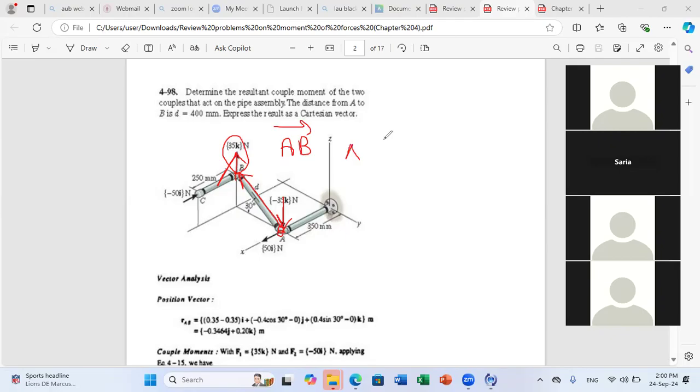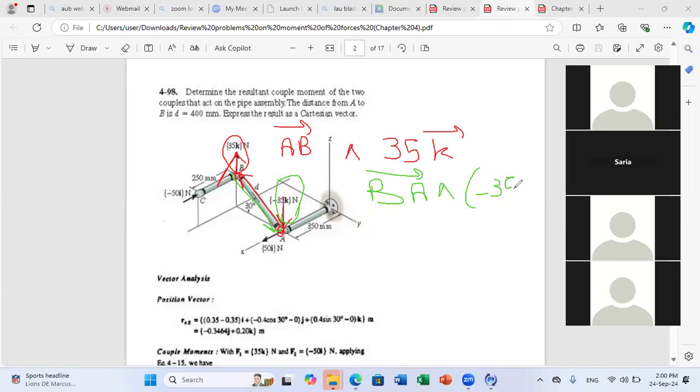Or if you start from point B and go towards A, you take the opposite: BA vectorial minus 35k. And both will give you exactly the same result.